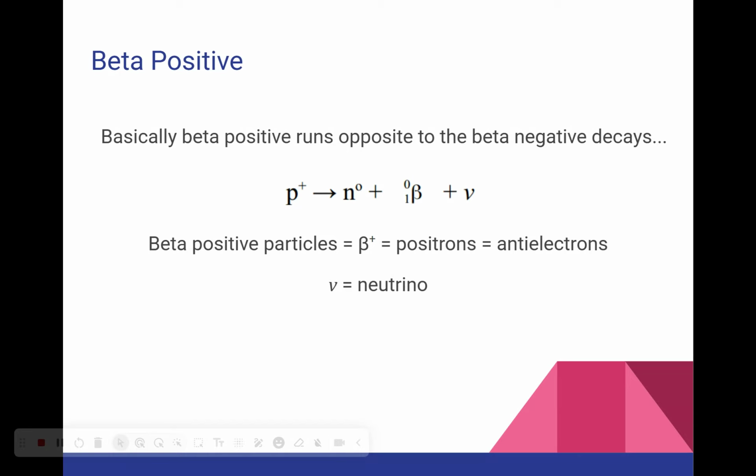So the beta positive particle is a positron, an anti-electron, the antimatter version of an electron. It has positive charge, but all the mass of an electron. Crazy, I know. Now, what I'd also suggest you do is write this out and try to put in the A and Z values to show yourself that we're not violating anything here.